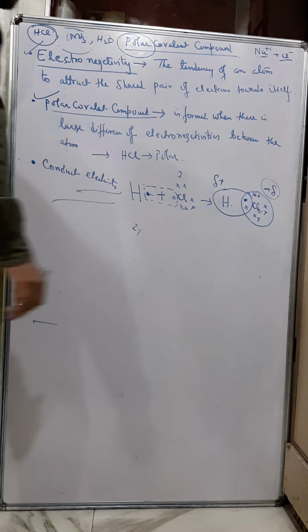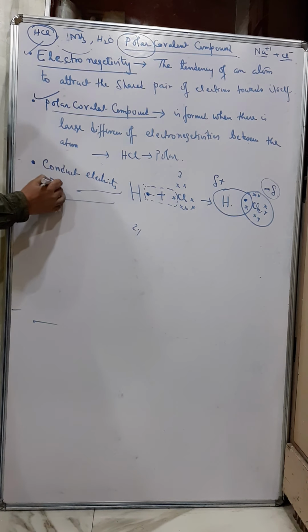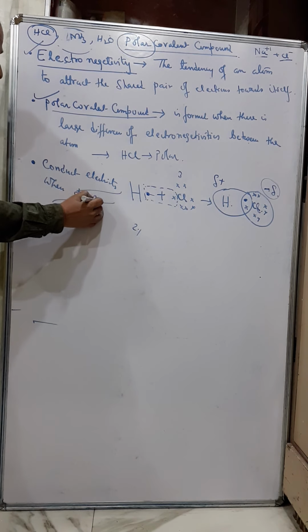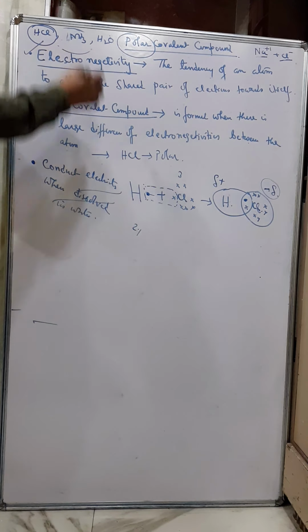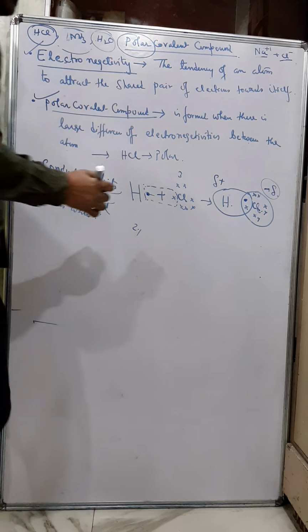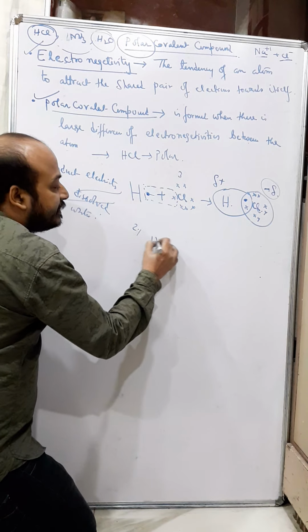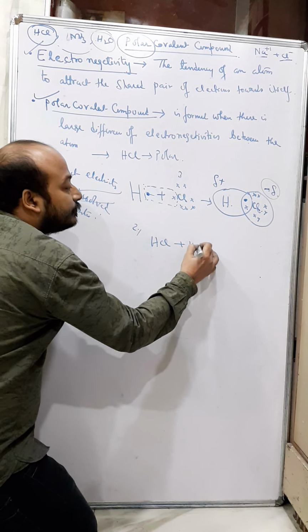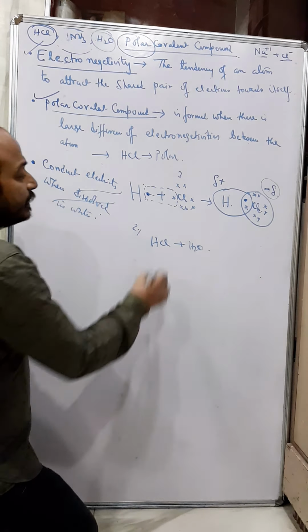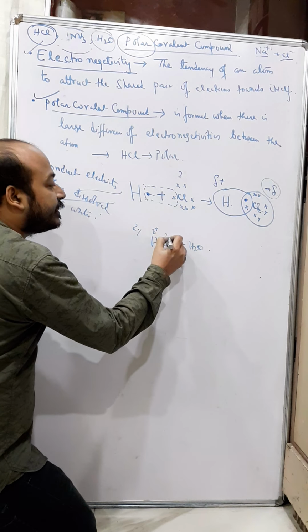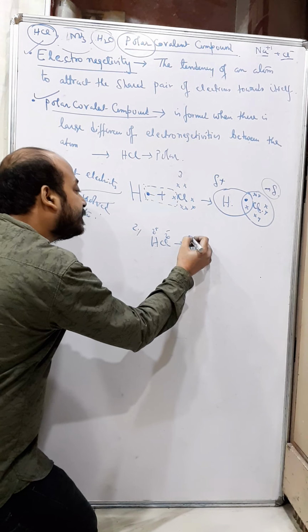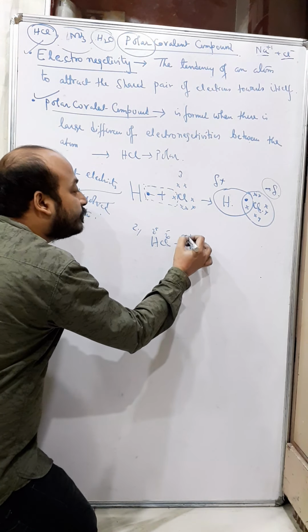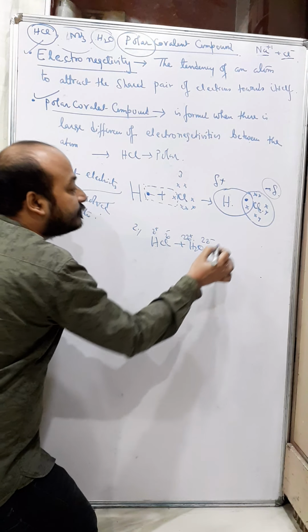Why? Because polar compounds conduct electricity, in fact, when dissolved in water, because water is itself a polar covalent compound. So when HCl is dissolved in water, HCl consists of delta positive and delta negative, so there is a charge between them. Water also contains a delta positive, in fact 2 delta positive here, and 2 delta negative.